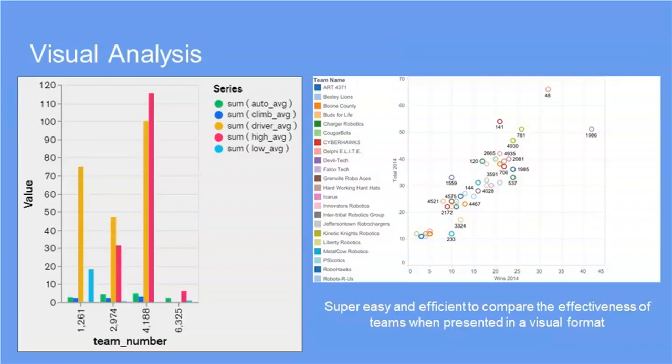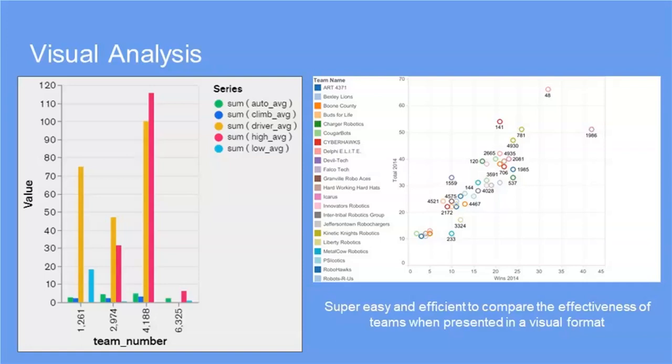By far the most popular data analysis tool for FRC, no questions asked, is Tableau. I believe that they actually give you a free trial of Tableau, or a pro version, in the kit of parts. I'm not sure, but there are many other alternatives that exist. These visual analysis tools allow you to import data, and then you can create graphs and tables.